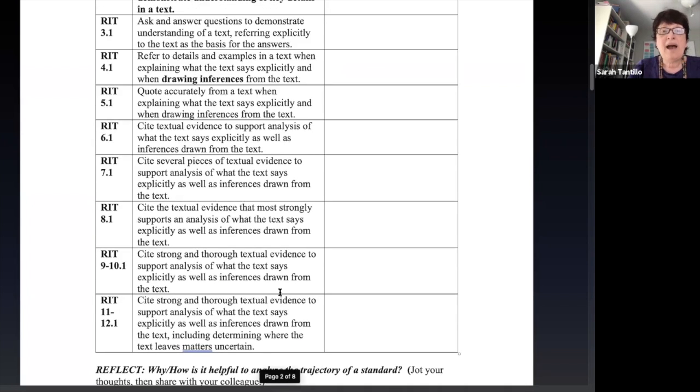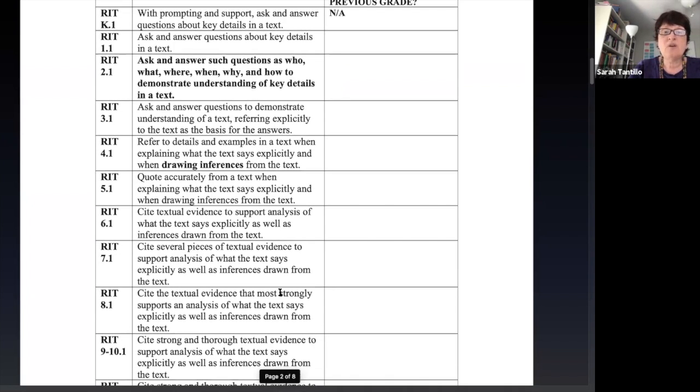Okay, so we're back. Now, one of the things that you might have noticed, if you're a sixth grade teacher, is you may have 25 students who are in sixth grade and they're supposed to be able to do the sixth grade standard, but maybe 10 of them are on grade level and 5 of them are on the fifth grade level and 10 of them are on the fourth grade level.